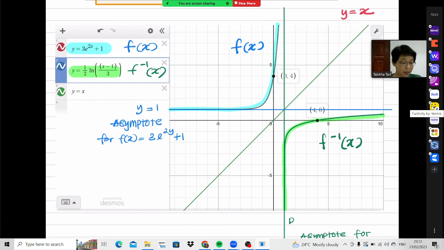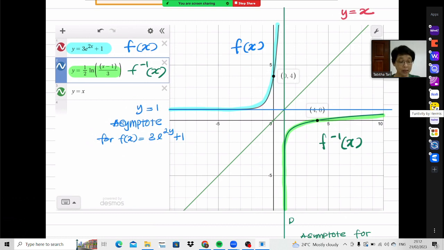The intercept for the inverse is an x-intercept, and it is at 4. Can you see the interesting relation between them? The function intercepts at (0, 4), and the intercept for the inverse is (4, 0). So that's another interesting fact.